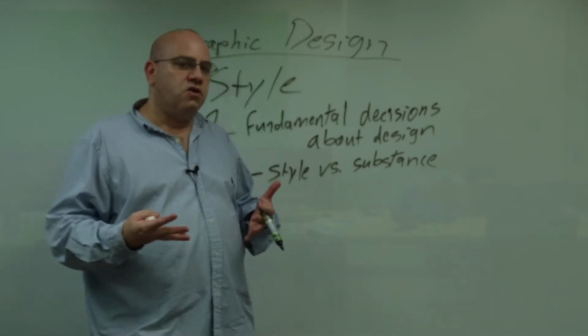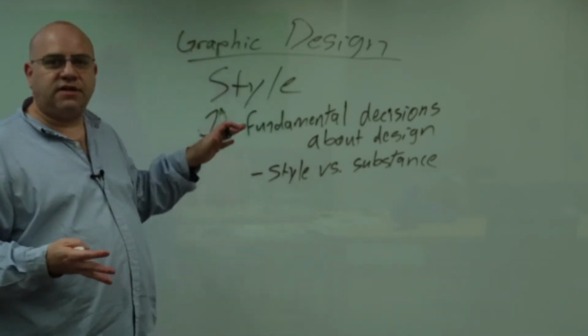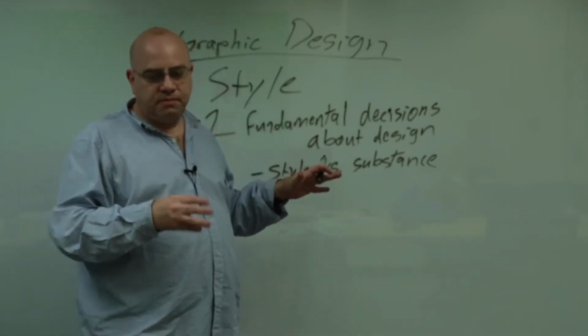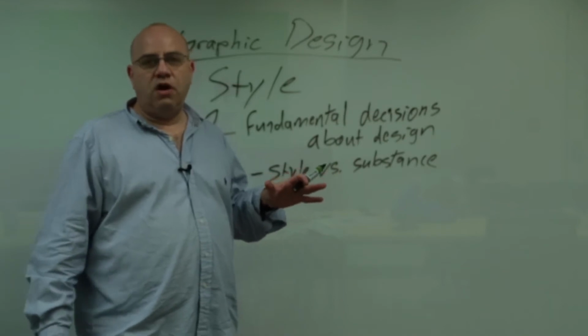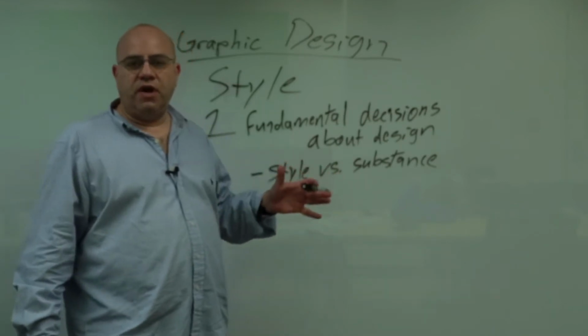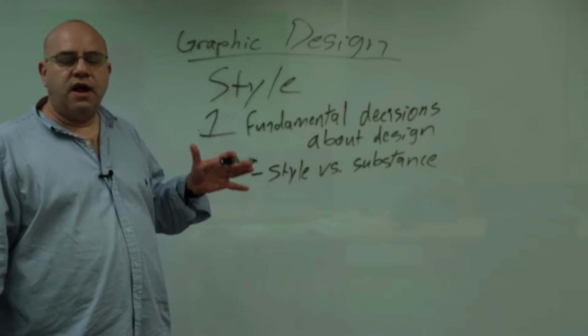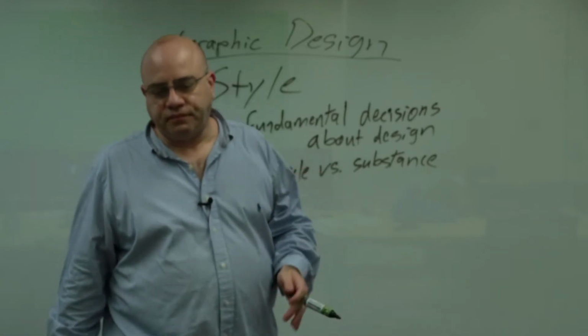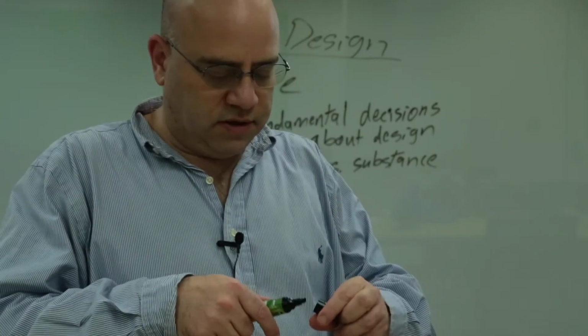So because we're really doing graphic design for mass communication and for journalism, you really want to make sure that your style doesn't get in the way of your substance. Okay? Now, what do I mean by that? Well, let me show you guys some examples.